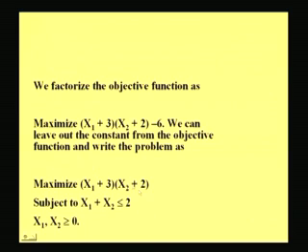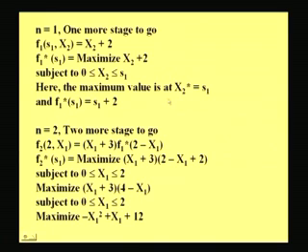Also, we need to understand that whenever we have an inequality coming in, we do not substitute, we need to optimize. In this case, we did optimize, maximize x2 plus 2 subject to 0 less than or equal to x2 less than or equal to s1. It turned out that the value of x2 star was the available resource, but then we did optimize to find out that the maximum value happens at x2 star equal to s1.